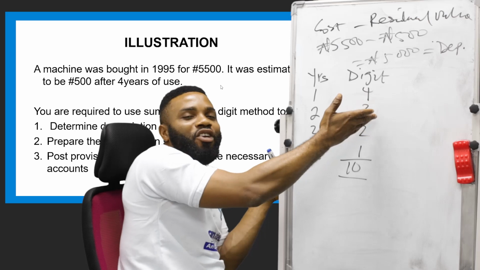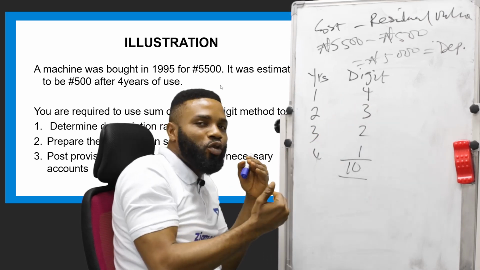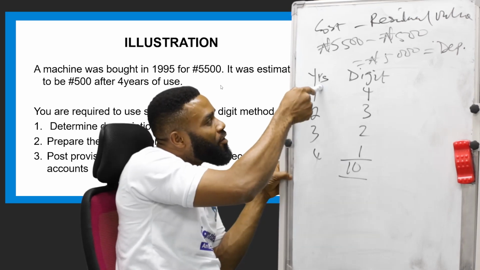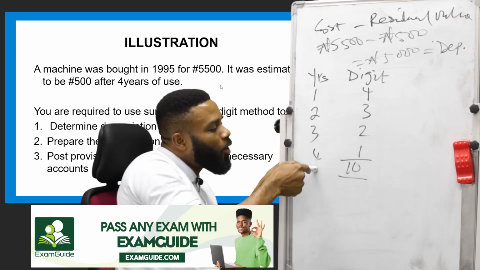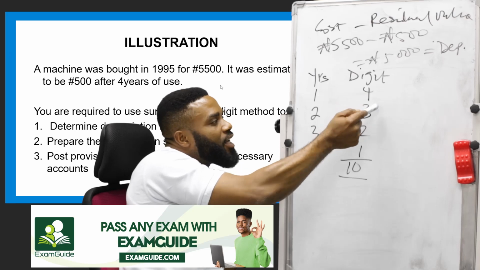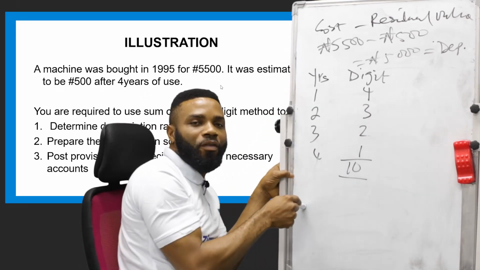Can you see this now? This is a mathematical procedure. We have adopted this so that we'll be able to get the depreciation rate. On the years, we have first year, second year, third year, fourth year. On the digits, you have the fourth year, third year, second year, and first year in the reverse order of the years of the asset.